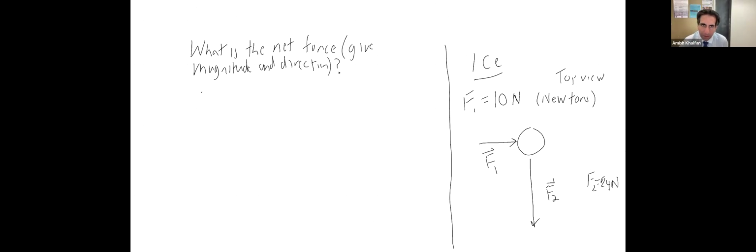Essentially what I'm saying is I want to add the force F1 with the force F2 to find the resultant force, or let me just call it the net force, okay? And I want to know what is that equal to, right? Well, which method would you like to employ to add these two vectors? What would you like to do?